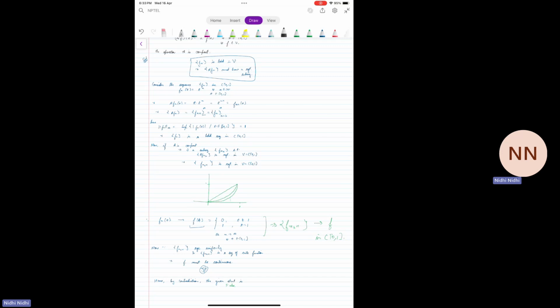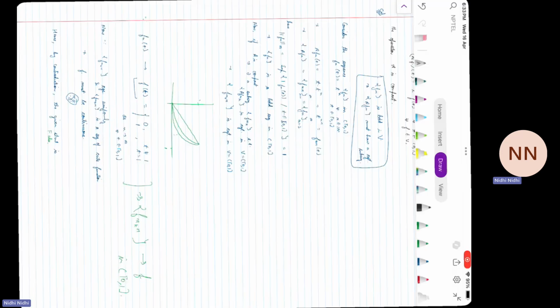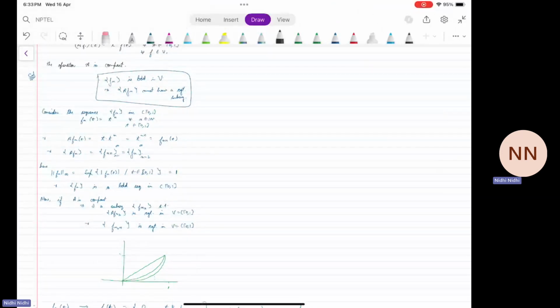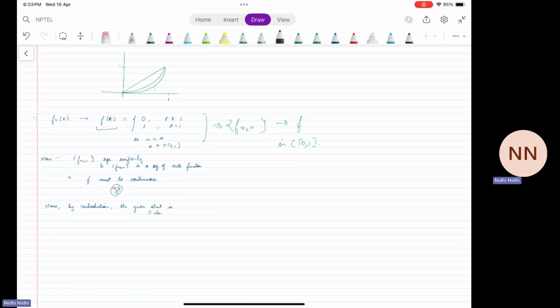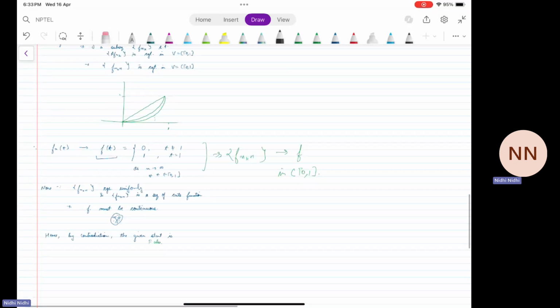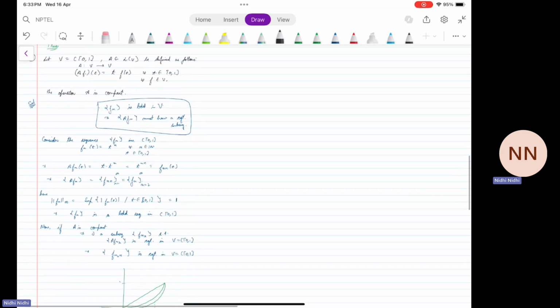Okay, if there is no doubt, we can move to the next problem. Next, we will look at eigenvalues of the operator that we have been discussing in question number 3.